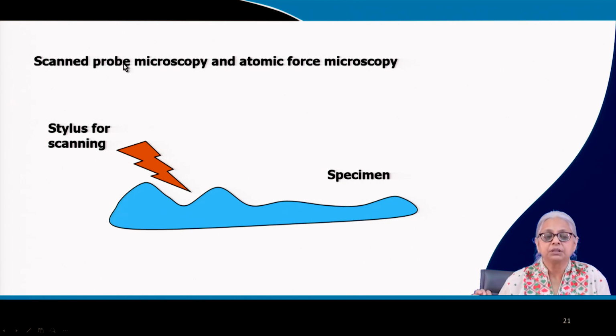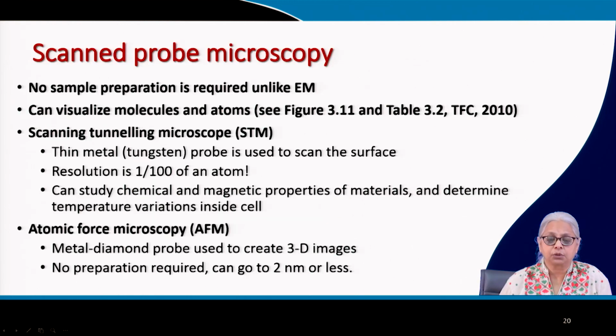So the same principle is applied in both types of microscopy. In scanning tunneling microscopes, you have a thin metal, it may be tungsten, that is used to scan the surface. The resolution that they are claiming is 1/100th of an atom. So 1/100th of an angstrom is what is possible with scanning tunneling microscopes.